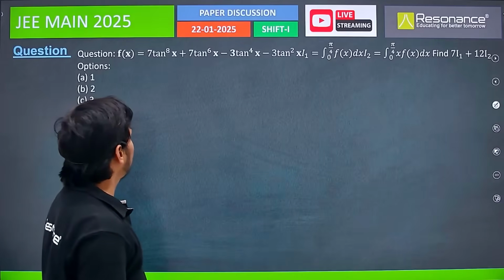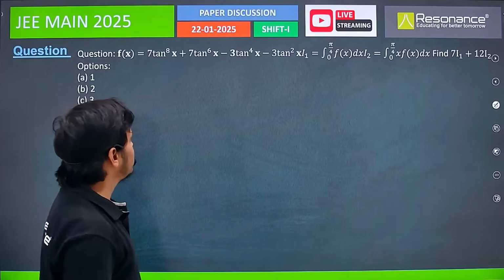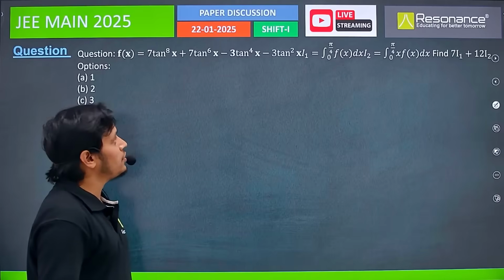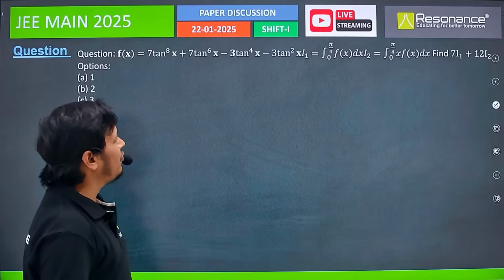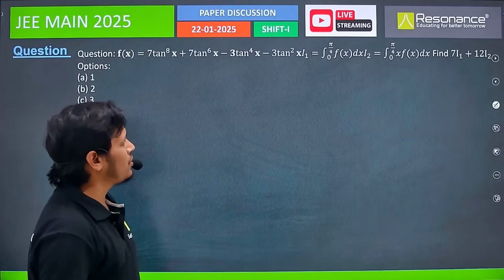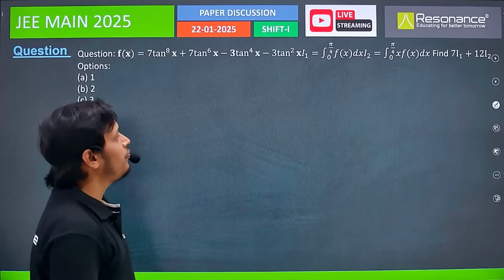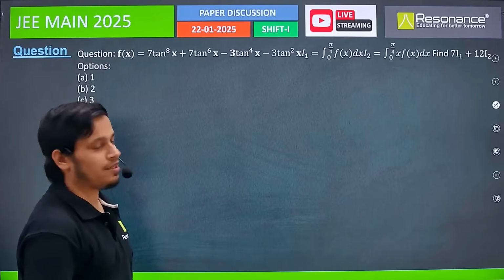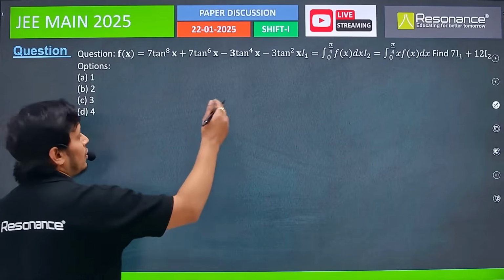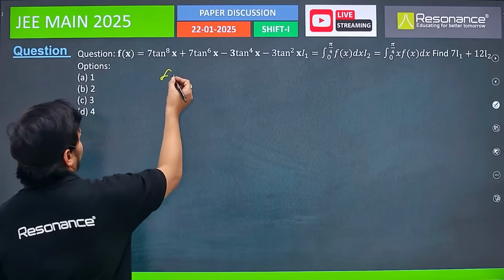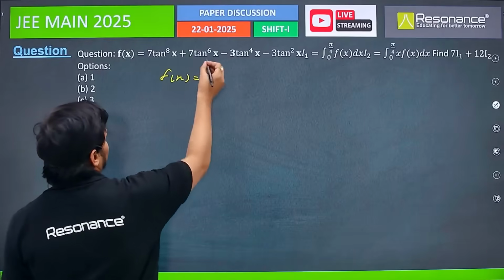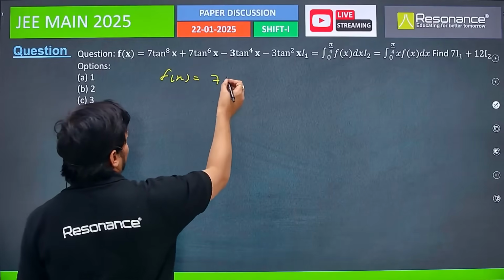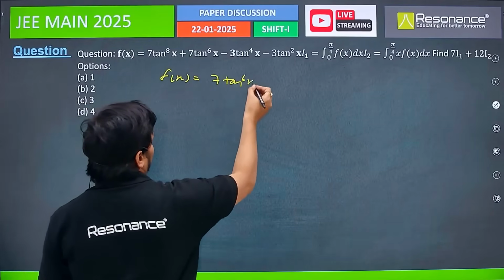7 tan⁸x + 7 tan⁶x - 3 tan⁴x - 3 tan²x. I1 = ∫ from 0 to π/4 of f(x) dx, I2 = ∫ from 0 to π/4 of x f(x) dx. Find 7 I1 + 12 I2. So first, for f(x) I am simplifying it. In these two, 7 tan⁶x is common.